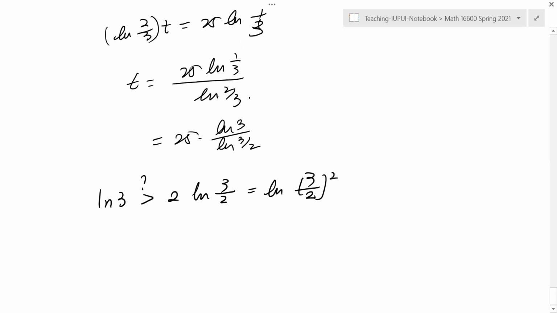Let's calculate this side. Is 3 greater than 3 over 2 squared? 3 over 2 squared is 9 over 4. Yes, that's true, 3 is greater than 9 over 4. That's why natural log of 3 is greater than natural log of 3 over 2 squared. That's why it's greater than 25 times 2, which is 50. My answer should be correct.